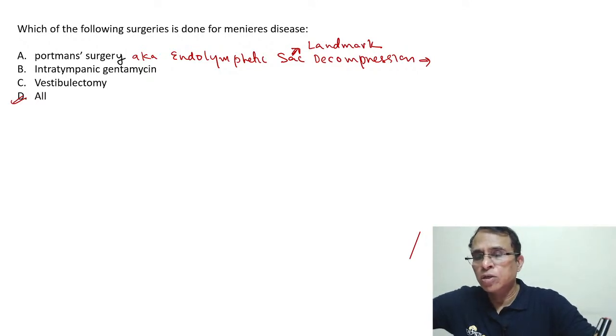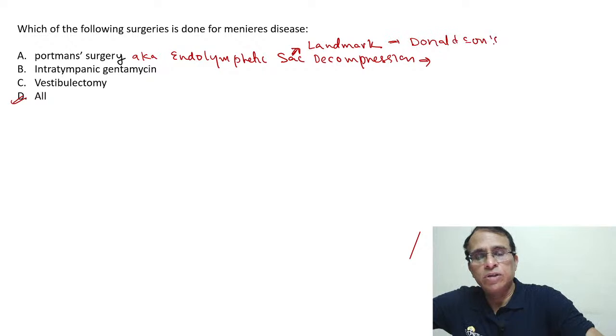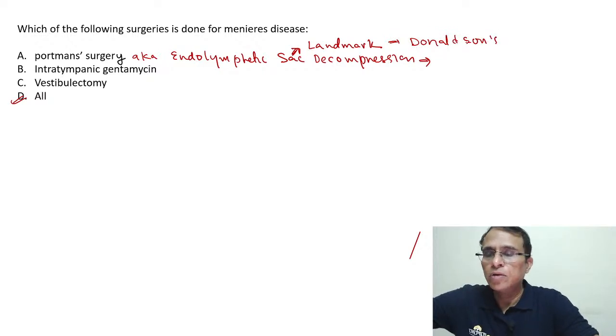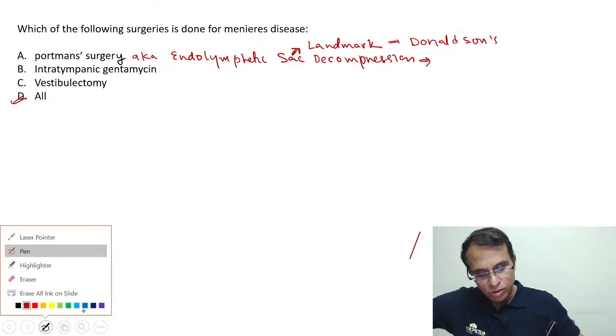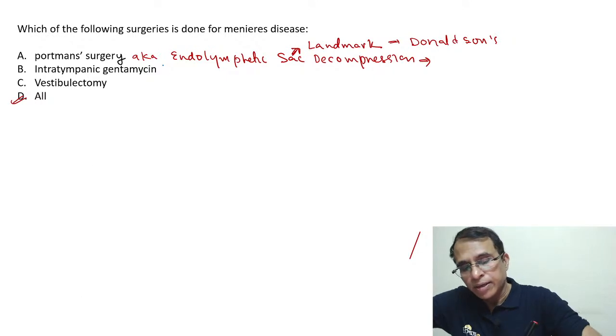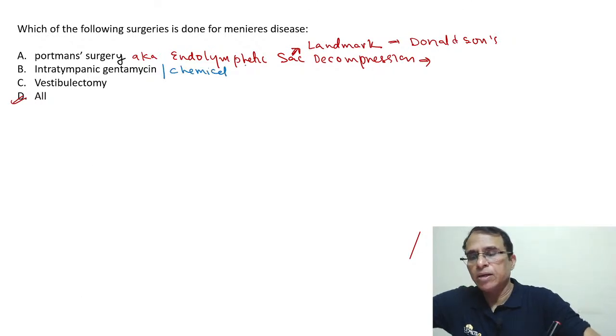Hanuman, not Dorman, I think it was a typing mistake. Yes, Donaldson's line. Very good. Absolutely right. And intratympanic gentamicin surgery is also called chemical vestibulectomy. The other name for this surgery is chemical vestibulectomy.